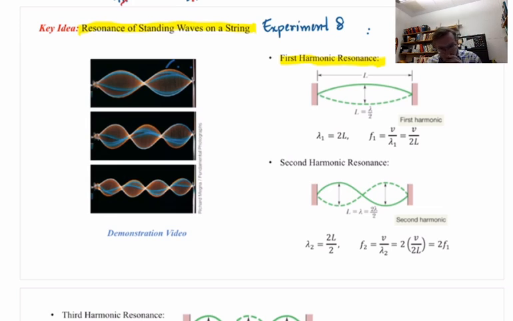And in this lowest or first harmonic resonance, this lowest frequency resonance, the string just goes up with a peak in the middle, and then half a period later it's down with a trough in the middle, and it just goes up and down, up and down. We'll show you videos and animations.